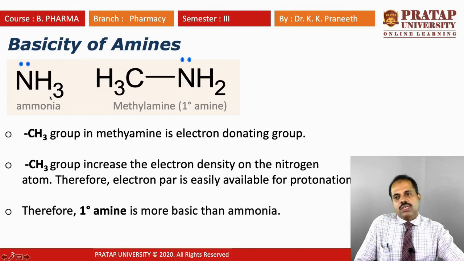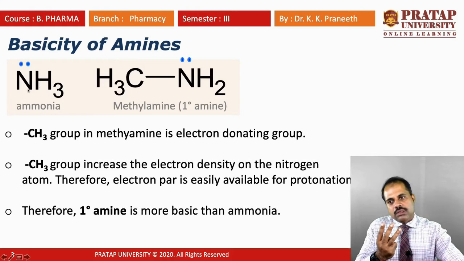The main difference between ammonia and this primary amine is that ammonia contains 3 hydrogens and the amine contains only 2 hydrogen atoms, and the rest is a CH3 group. So one hydrogen is replaced by a CH3 group.